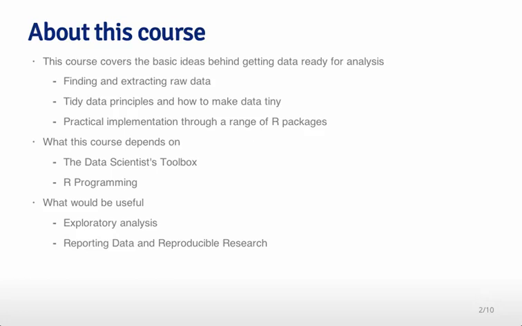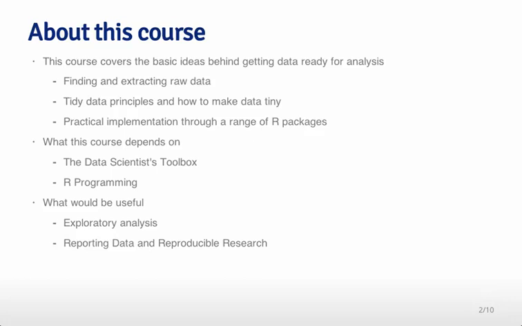It also covers practical implementation through a range of R packages, and we'll be talking about a big range of R packages in this class. This course assumes that you've taken the data scientist toolbox and have installed all of the relevant tools, and also that you've taken the R programming class or some similar class so that you have enough R programming background not to be intimidated.